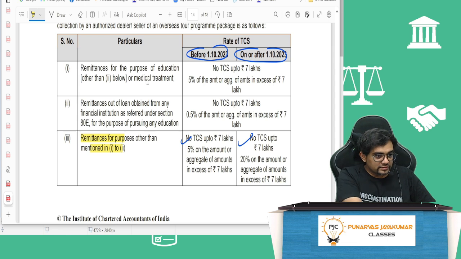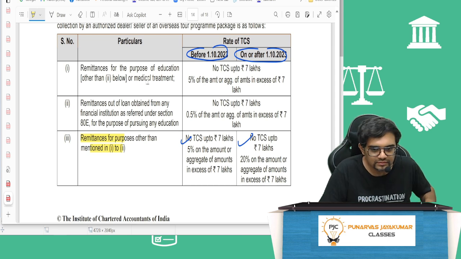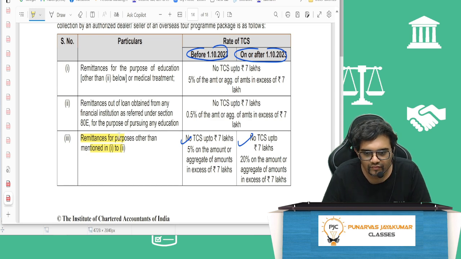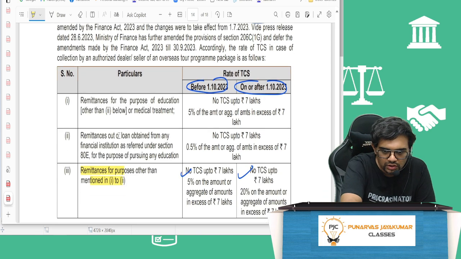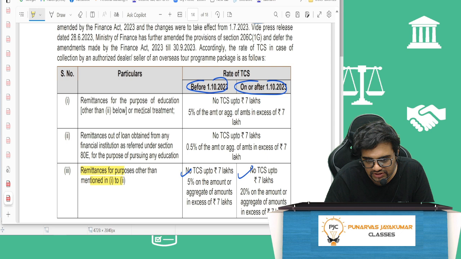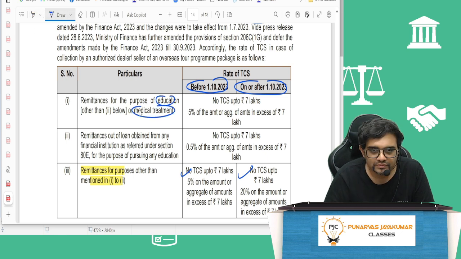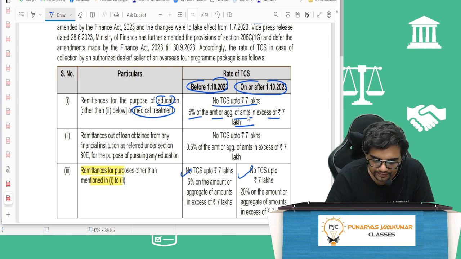So let's see. Check this out, buddies. Remittances for purposes of education or medical treatment: up to 7 lakhs, no TCS. 5% of the amount or aggregate of amounts in excess of 7 lakhs, you should pay 5%.